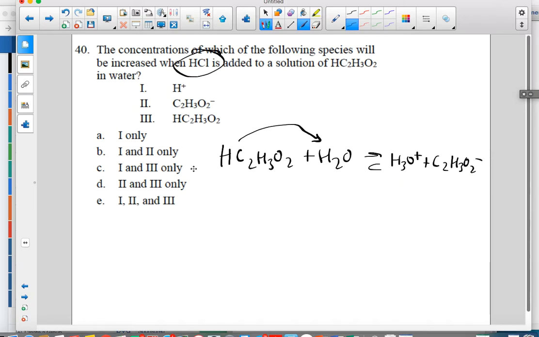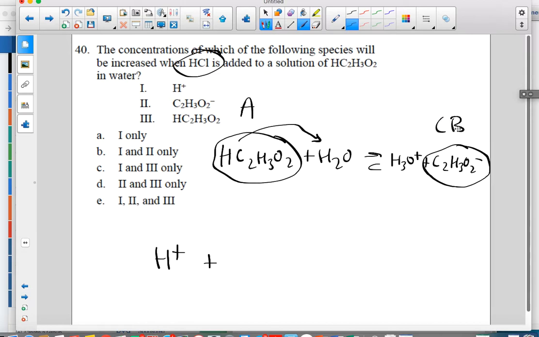When you dump HCl in solution, you're really just dumping H plus. Think about this, because you're making like a mini buffer solution, but not really, but kind of. This isn't the greatest problem in the world. But I have an acid and I have a conjugate base. The acid always cancels out bases. The bases always cancel out acids.